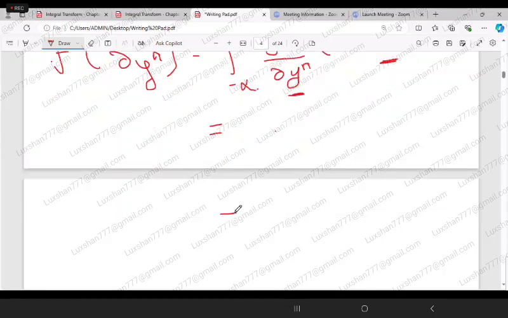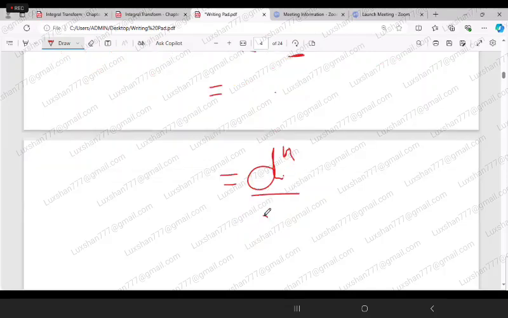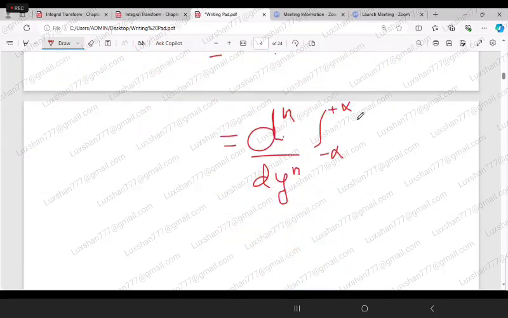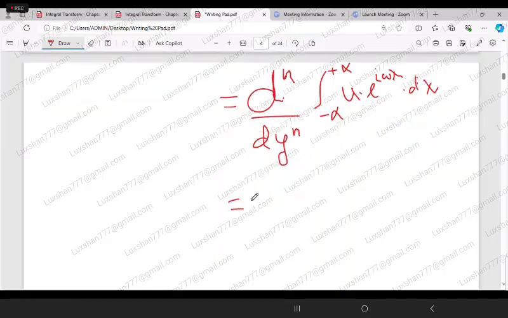This is equal to dⁿ/dyⁿ of the integration from minus infinity to plus infinity of u e^(iωλ) dλ.